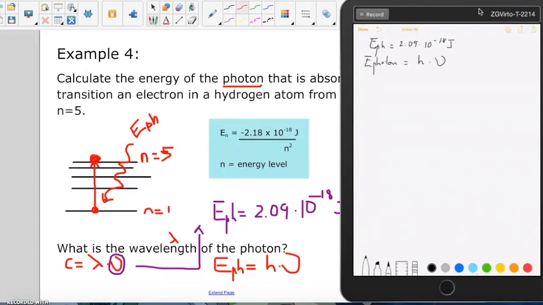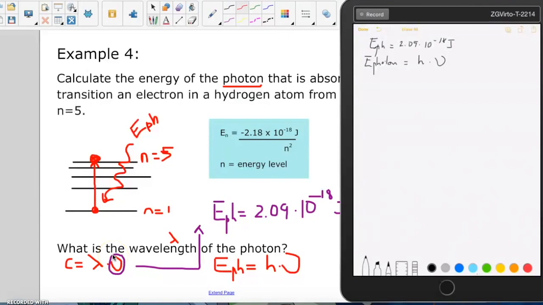Before we go for the wavelength, we calculate the frequency, because we need it in order to solve for the wavelength later on.